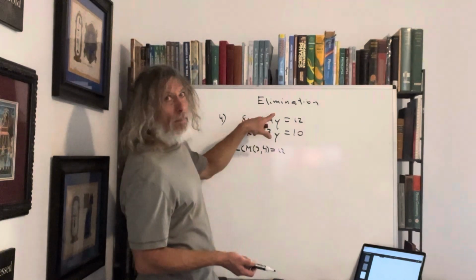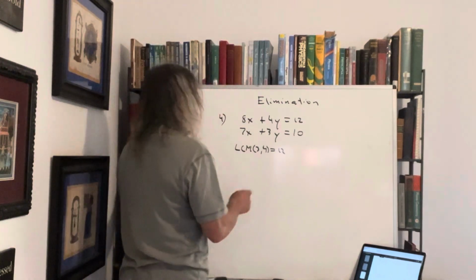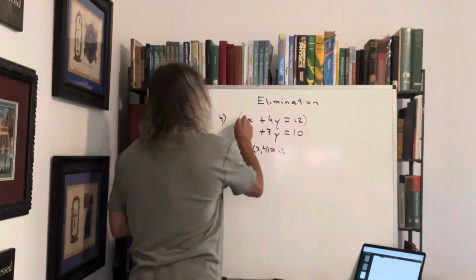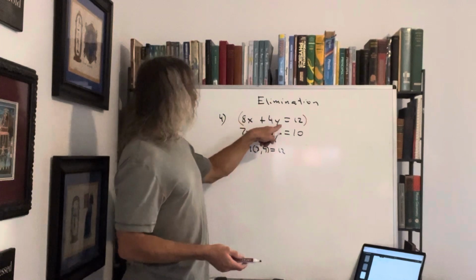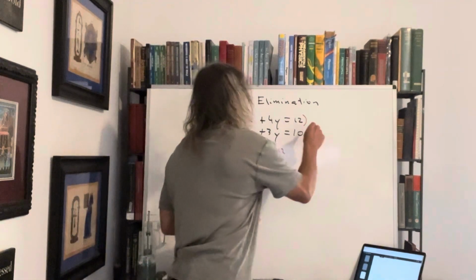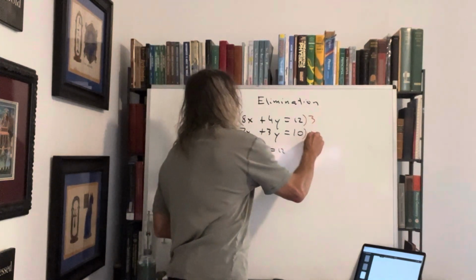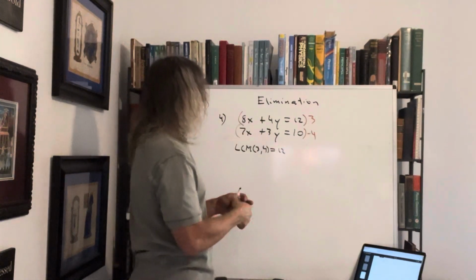And we'll multiply 1 by positive, 1 by negative. So to get something with the 12y, I'm going to multiply this by 3. And this one, multiply it by negative 4 to make it opposite.